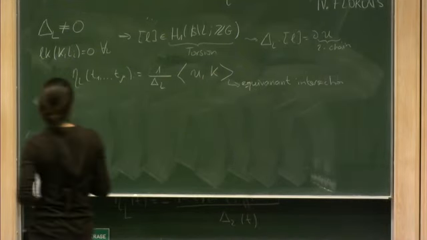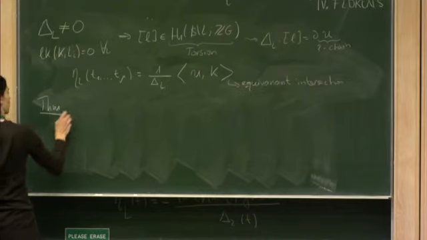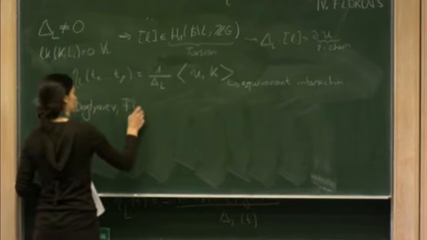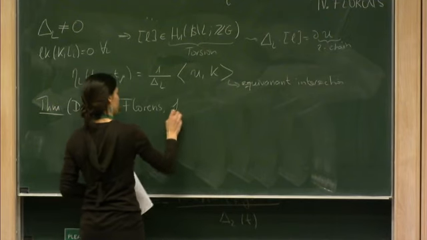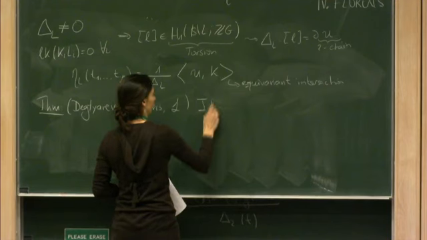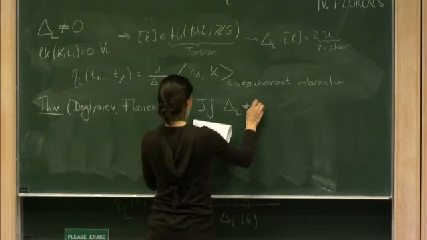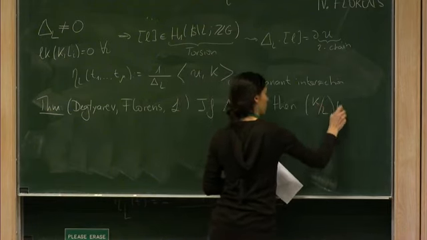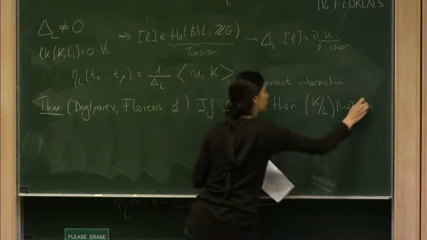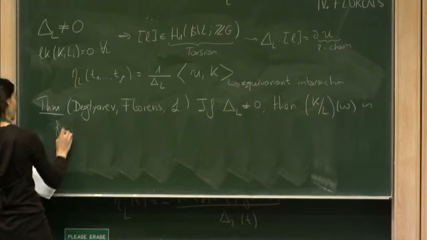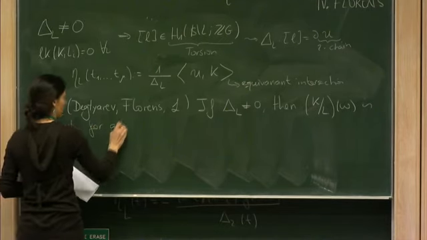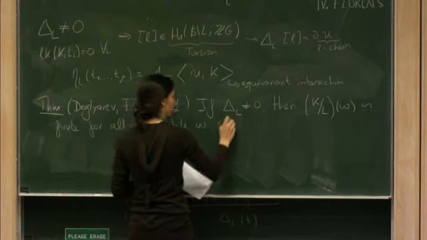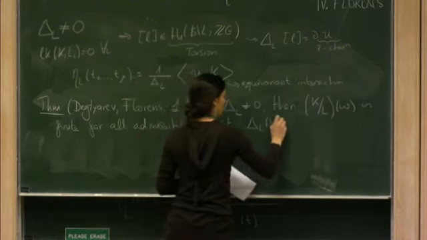So the theorem, which is together with Alex Degtyarev, Vincent Florens, and myself, is that if the Alexander polynomial of this link is different from 0, then the slope at omega is finite for all admissible omega such that delta L evaluated in omega is different from 0.